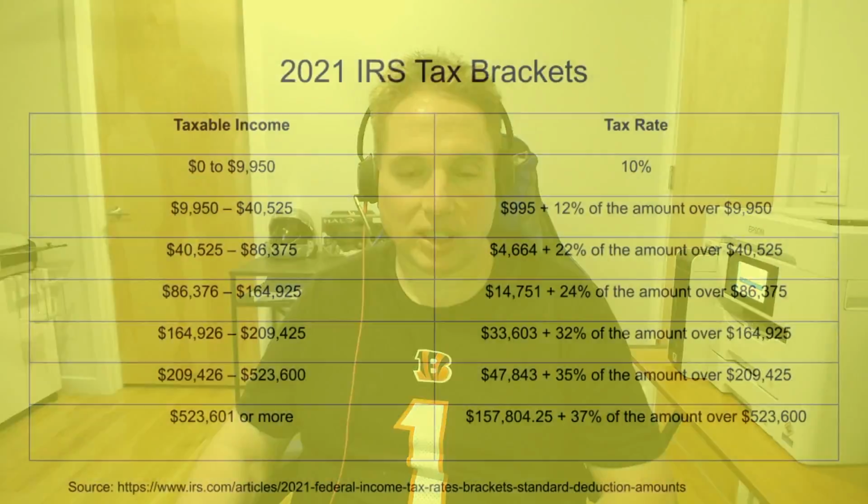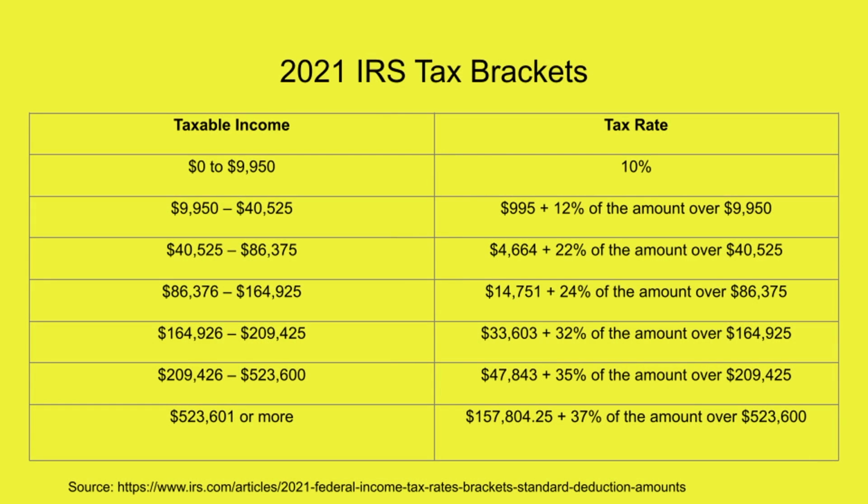This slide is all of the IRS tax brackets for 2021. So you can see your first $9,950 of taxable income is taxed at a rate of 10%. Taxable income between $9,950 and $40,525 is taxed at 12%. Okay. Income between $40,525 and $86,375 is taxed at 22%, and so on and so on and so on.